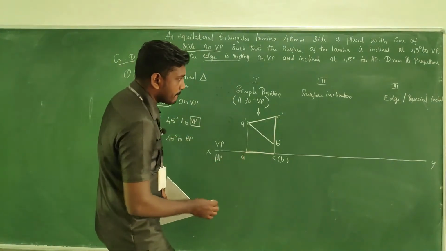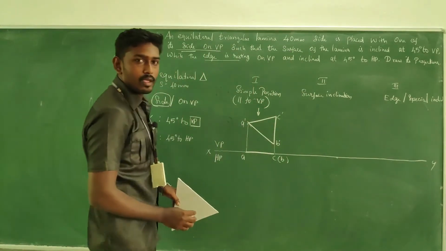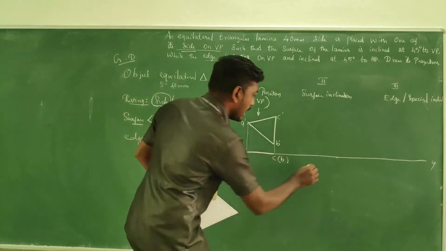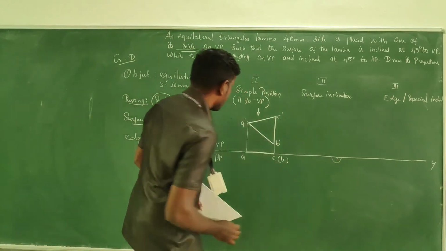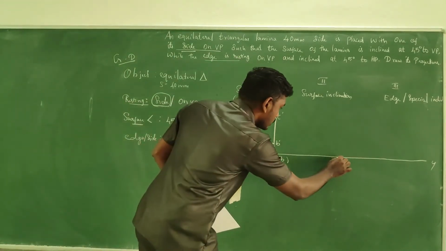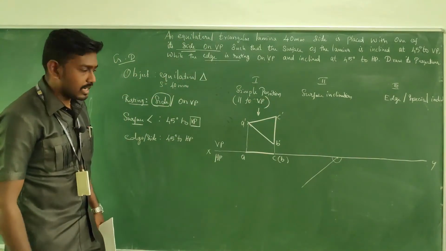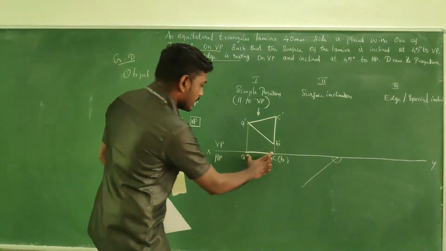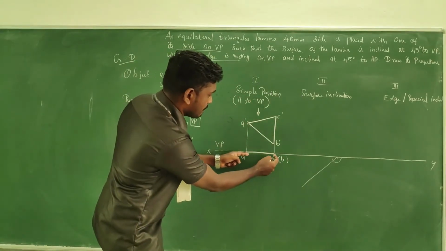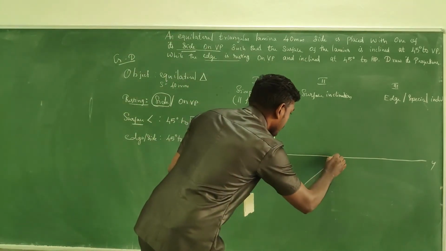Here in the surface inclination, in order to take the inclination, I'm going to take a point on the XY anywhere, and keep your protractor and measure 45 degree, which is inclined to VP. So we get the inclination something like this, 45 degree inclination, right? Now we're going to reproduce the previous step's top view over the 45 degree inclined line.